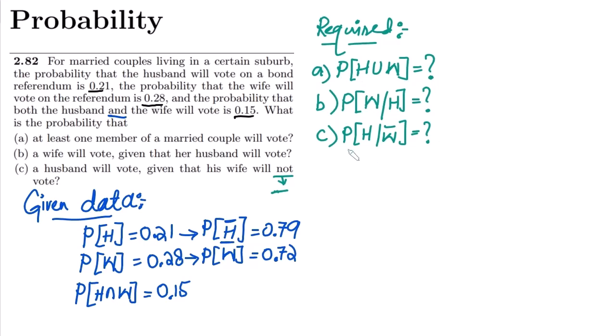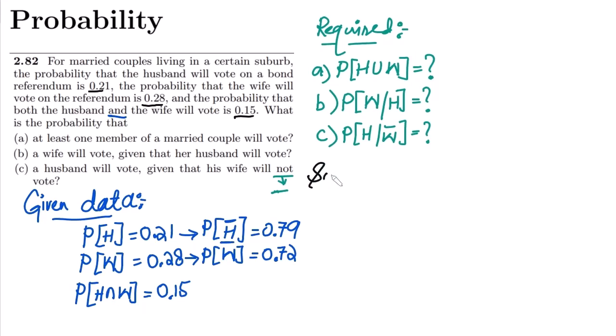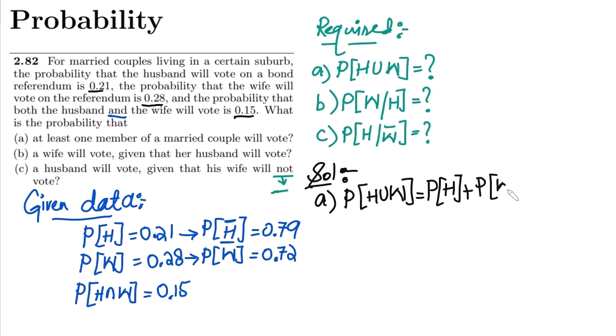Now all the required and given data is here. Let me solve it. Solving part A, which is the probability of H union W. We have previously seen that the probability of the union would be the probability that the husband will vote plus the probability that the wife will vote minus the probability that H and W both will vote.